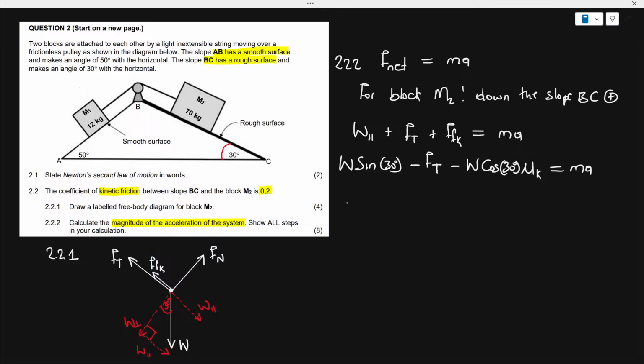Now we can plug in the values. The weight is equal to mg and the mass of M2 is 70, g is 9,8. So we multiply that by sine of 30.